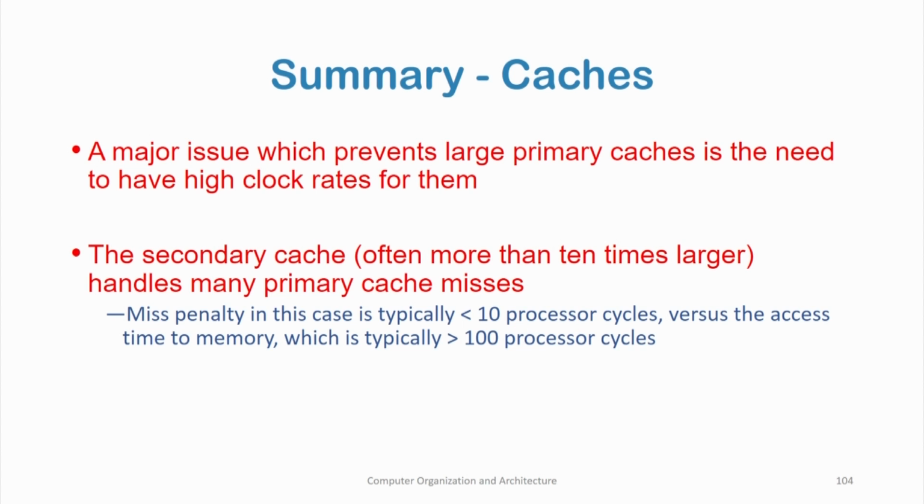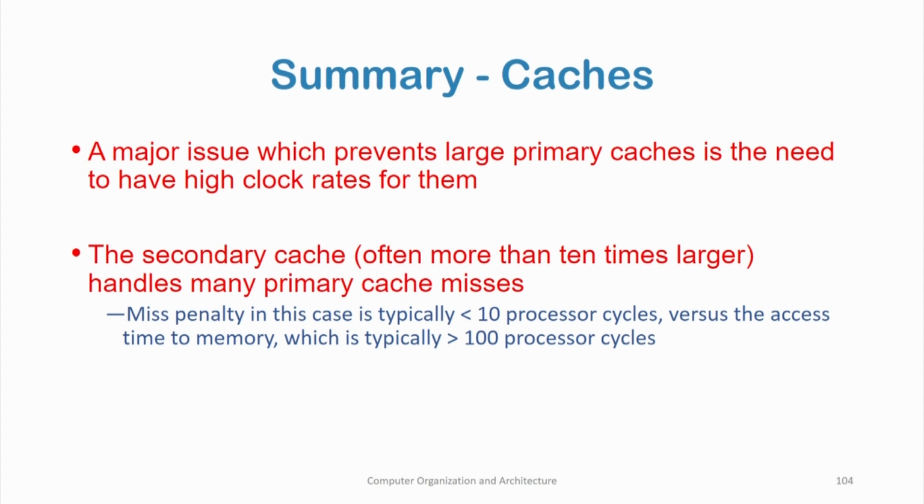So, a major issue which prevents large primary caches is the need to have high clock rates for them. Primary caches are used directly by the instructions of the processor. So, it has to be as fast as the processor. Therefore, you cannot have large primary caches.